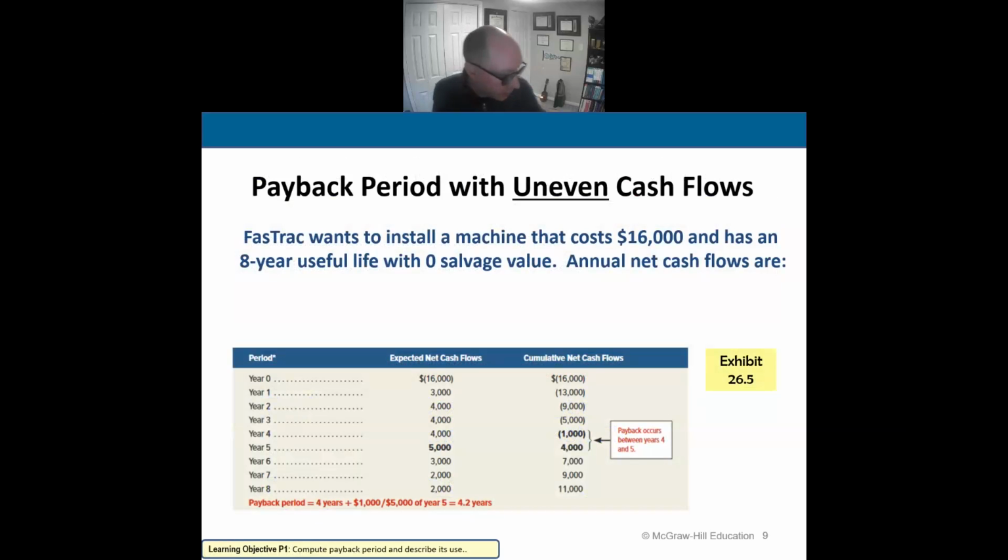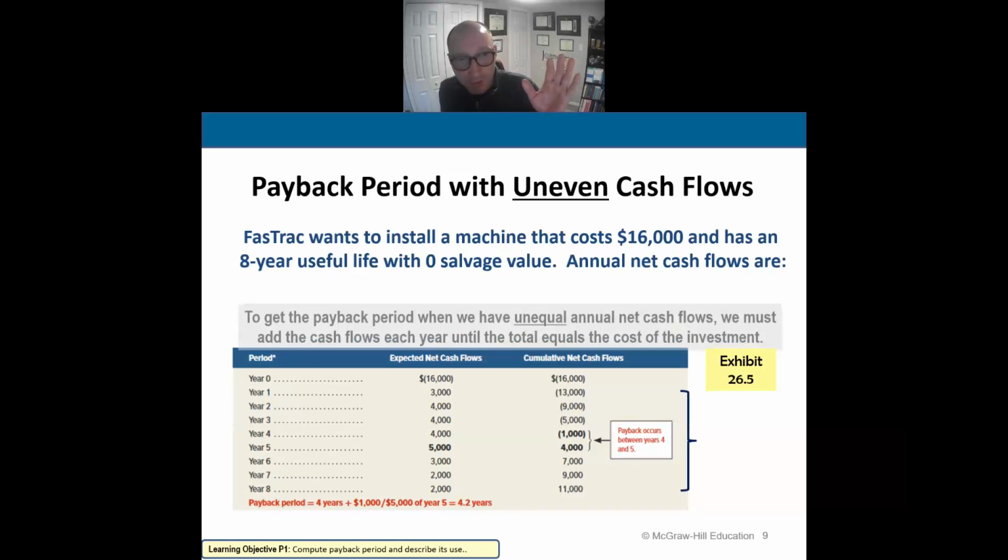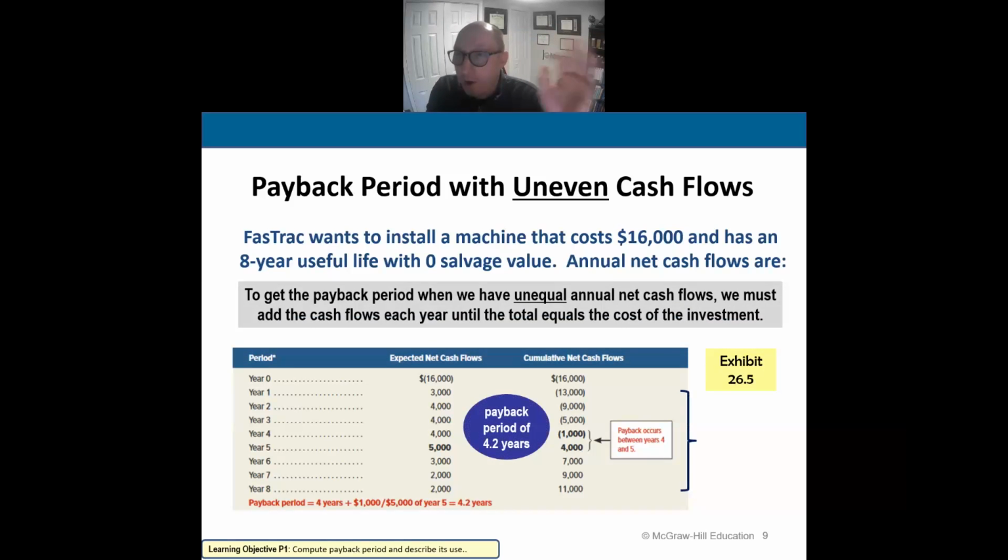Okay, now let's look at the same example, but this time from the perspective of unequal net cash flows. Because in most businesses, you're not going to receive the same amount of cash flow every year. It's just not normal. Usually it's a little more, a little less.